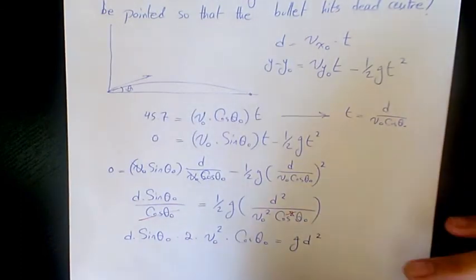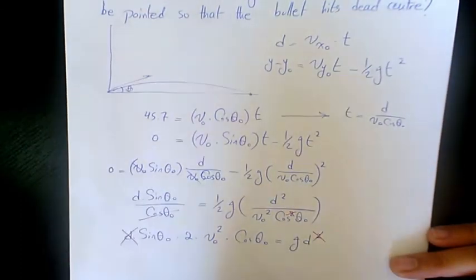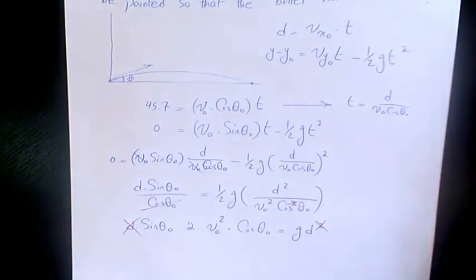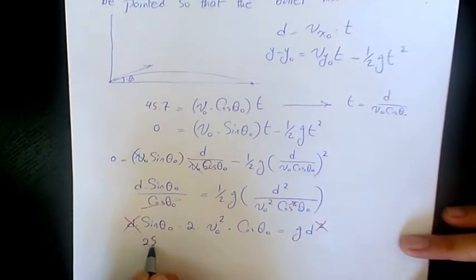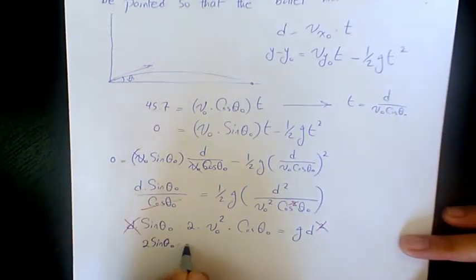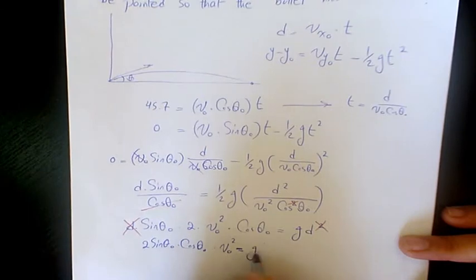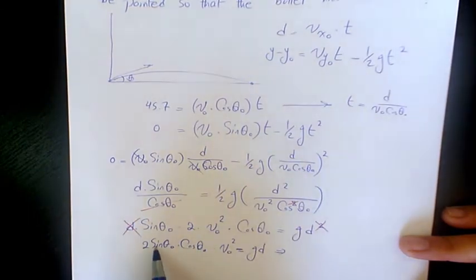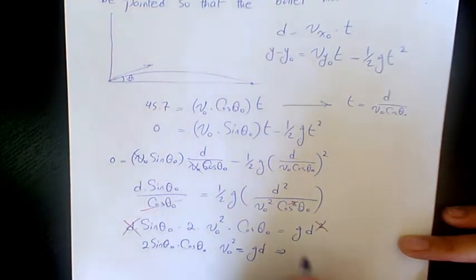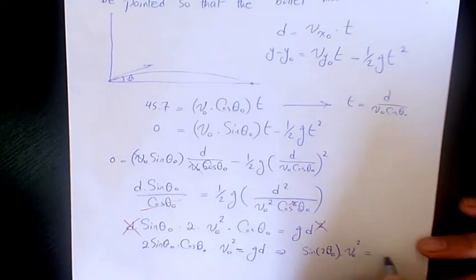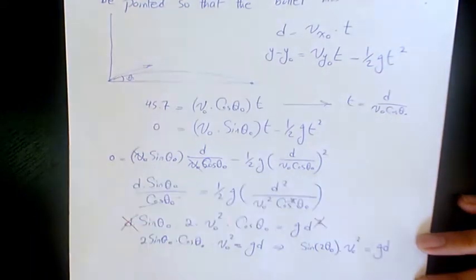Then this exponent with d is going to cancel out, and at the end we have 2 sine theta_0 cosine theta_0 times v_0 squared equals g d. And we know 2 times sine theta cosine theta is sine 2 theta. So we have sine 2 theta_0 times v_0 squared equals g d.